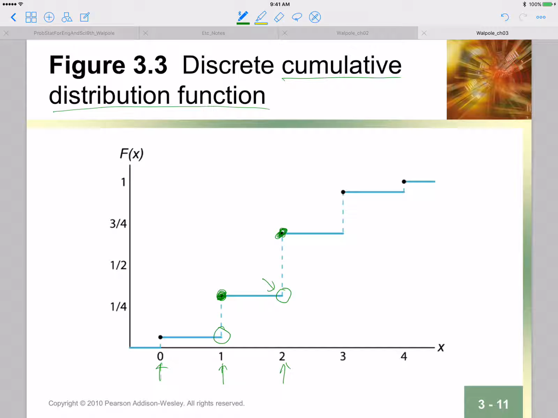Then, when the probability changes, this type of pattern is always true. It always happens in this exact same way, which means the filled circle is at the top, and then the empty circle is at the bottom part.